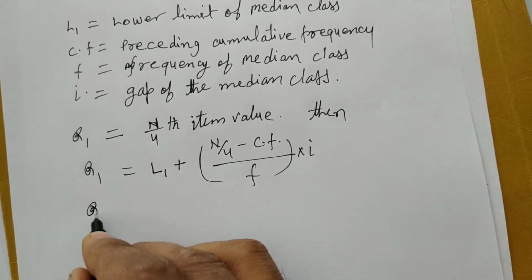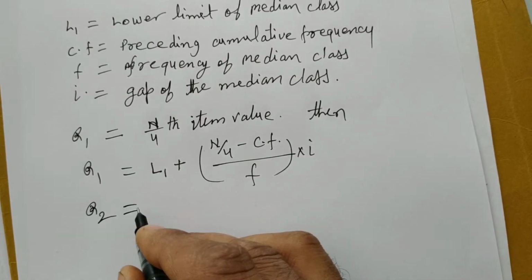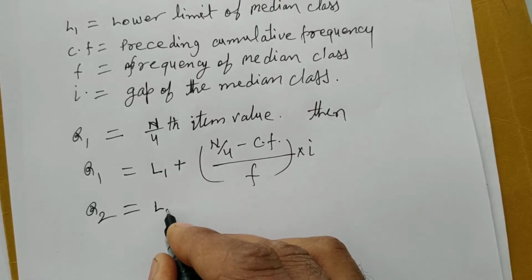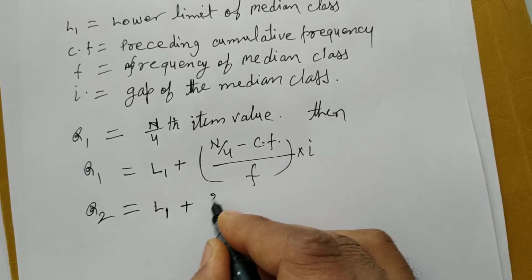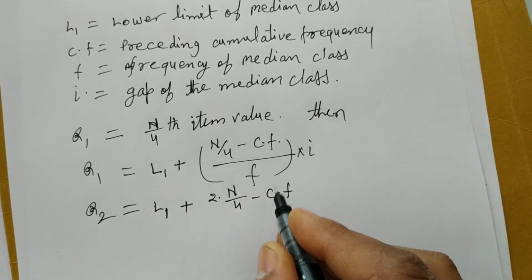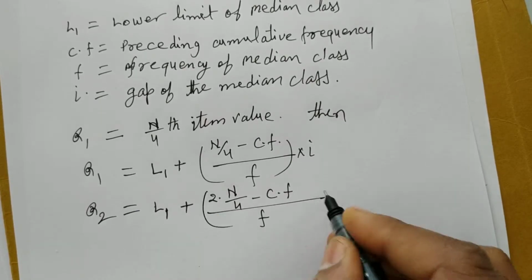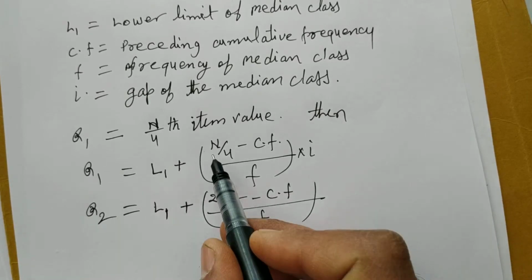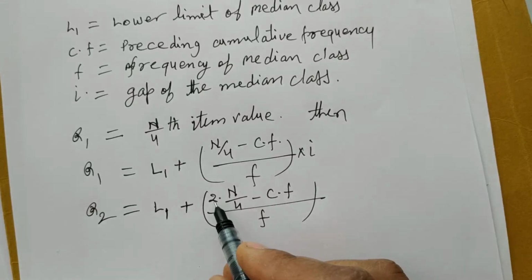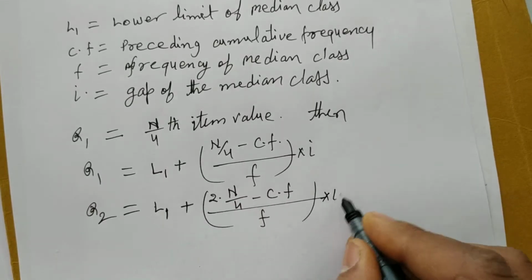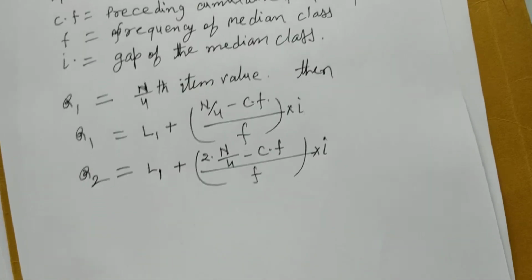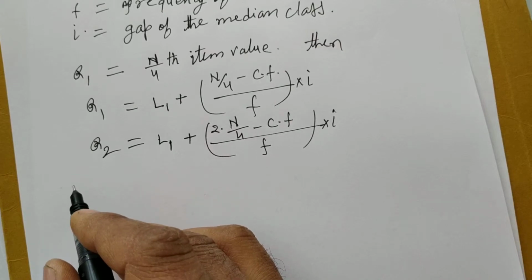Similarly, second quartile Q2 can be mathematically defined as L1 plus 2 into n by 4 minus CF upon F. This is Q1, here we multiply 1. This is Q2, here we multiply 2. For Q3, here we multiply 3 into i. So these are formulas for quartiles.